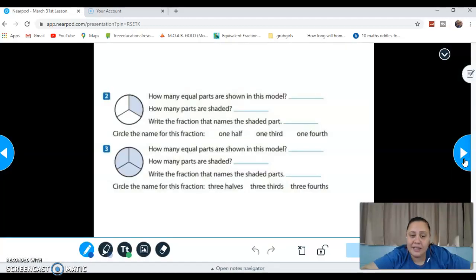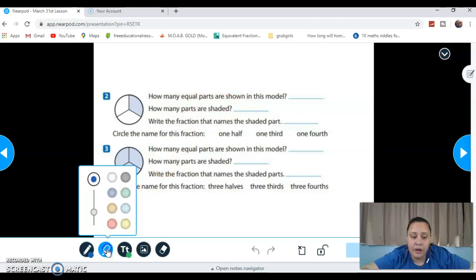All right, let's practice and make sure you're understanding what the question is asking. I'll pause so that you can answer on your own, and then I'll go ahead and reveal the answer. So here we have a circle cut, and the first question is how many equal parts are shown? So the key word here, and I'm going to put it in yellow, is equal parts.